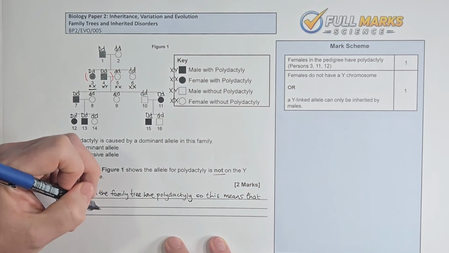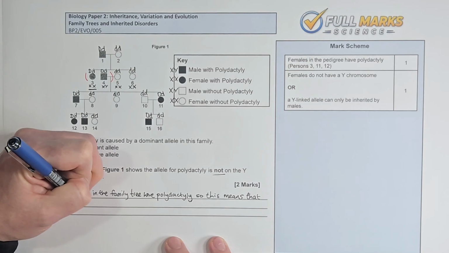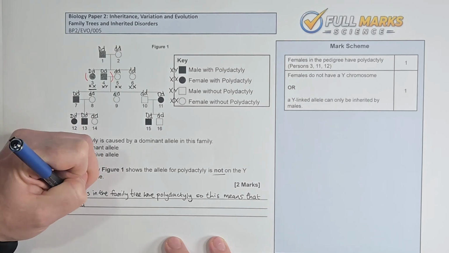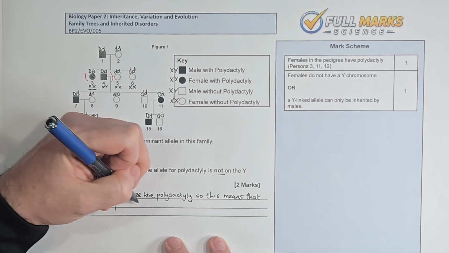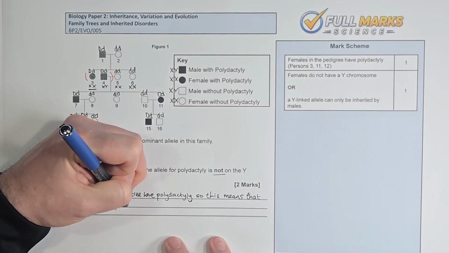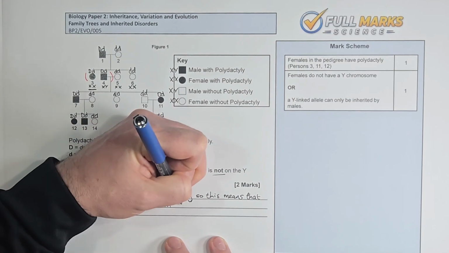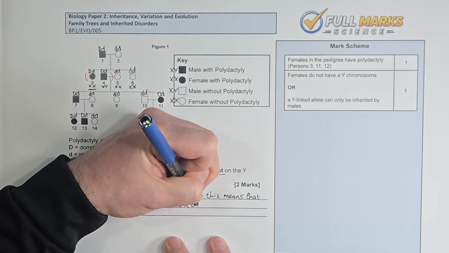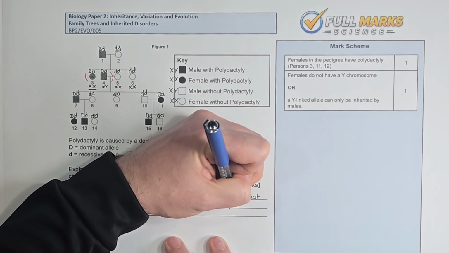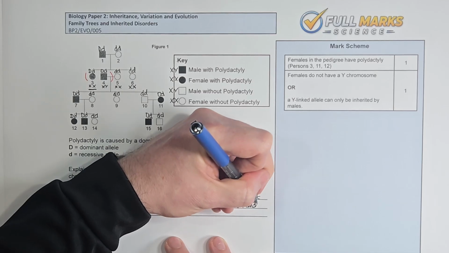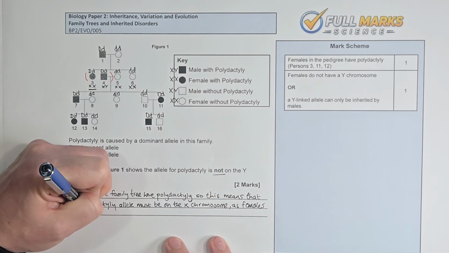that the dominant allele, or should we just say the polydactyly allele, must be on the X chromosome as females don't have a Y chromosome.